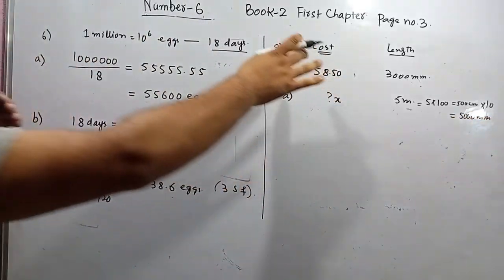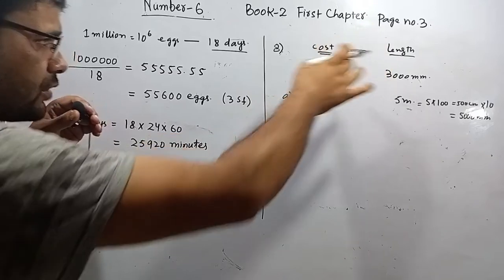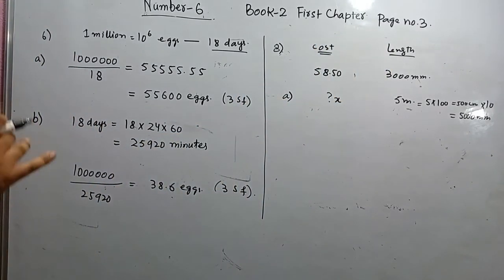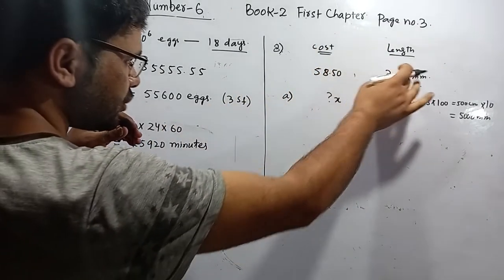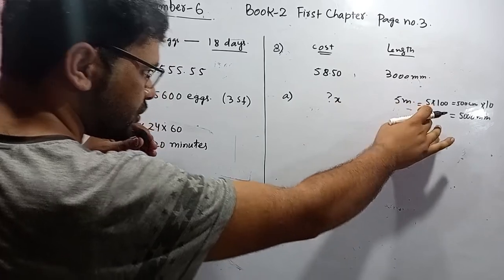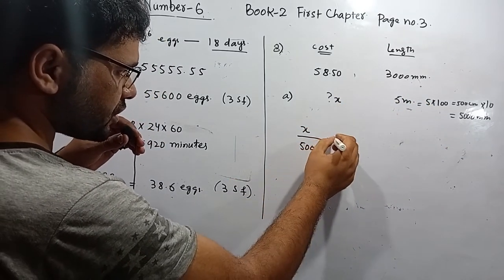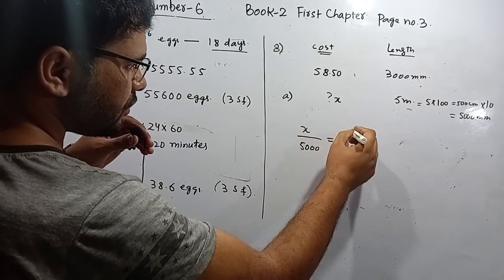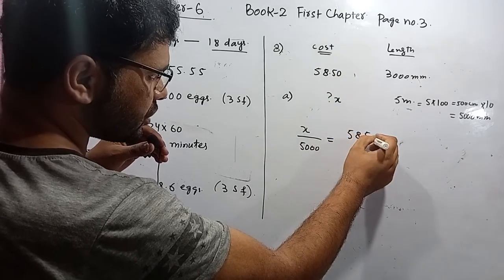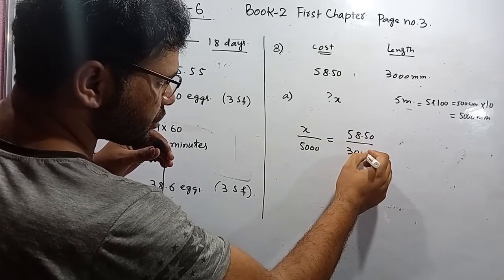Now you can see, since the two values are in direct proportion, I can write the ratio of these two will be equal to the ratio of these two. That is, x by 5000 is equal to 58.50 divided by 3000.